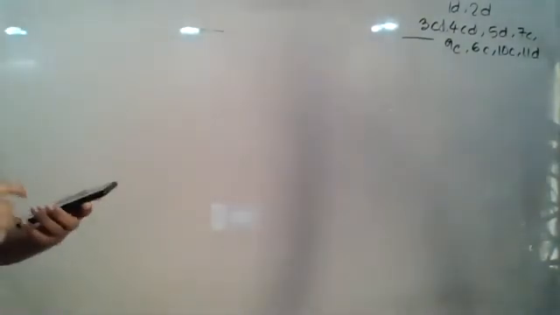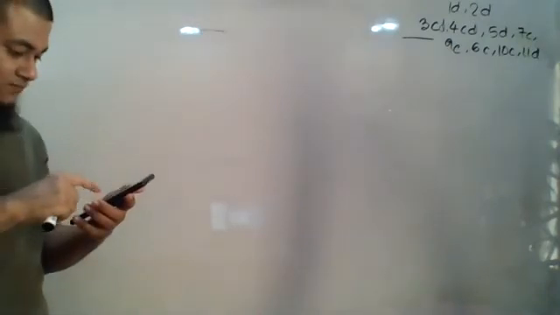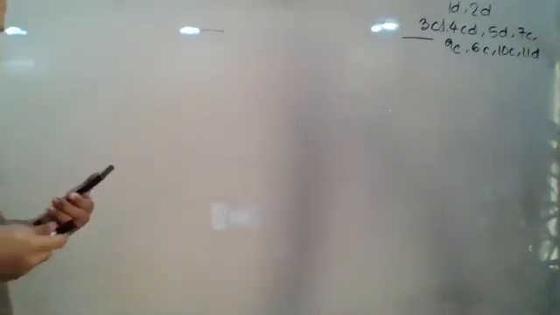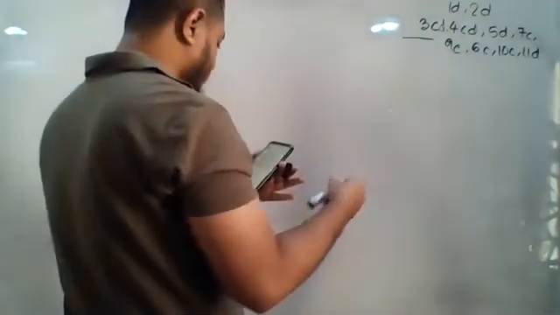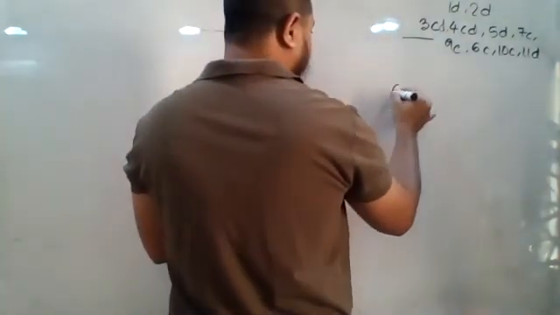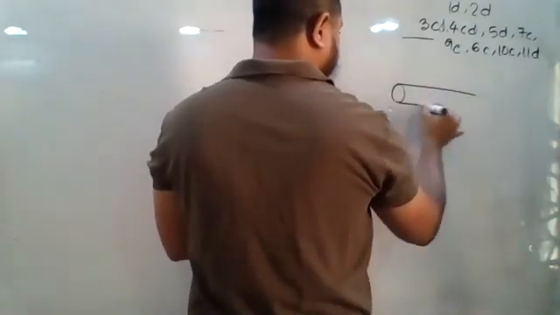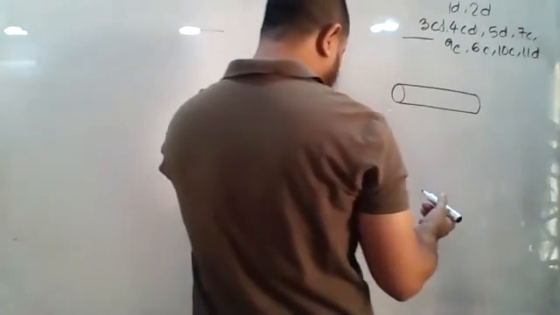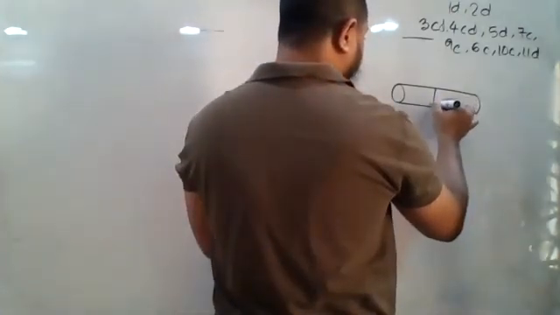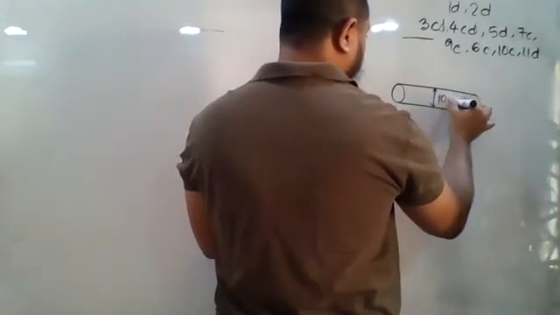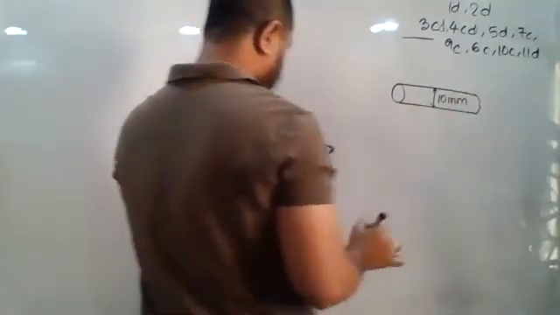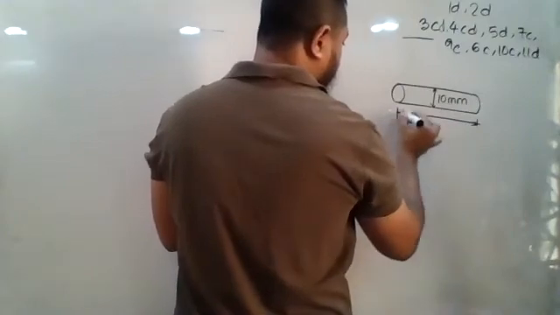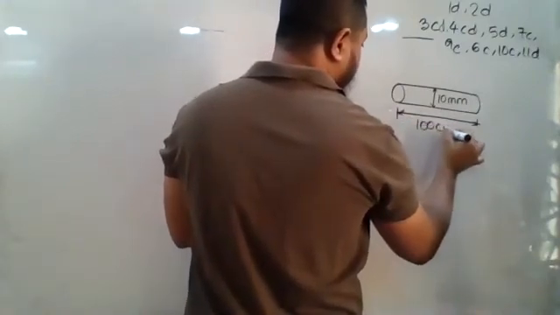Then 5D, number 5. In number 5, there is a figure given which looks like a wire. This is actually a wire. So the diameter is given as 10 millimeter, and the length is 100 centimeter.